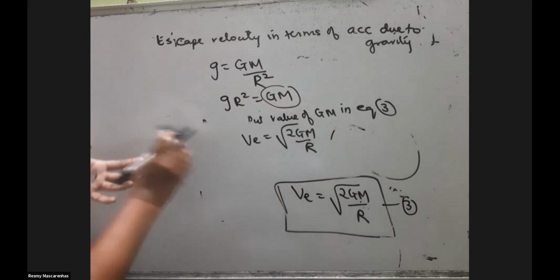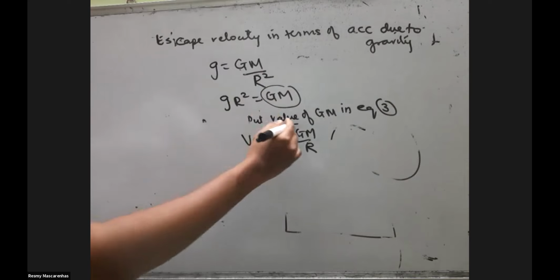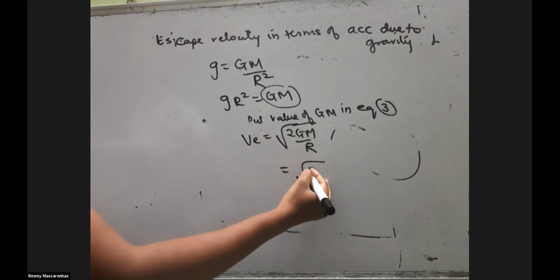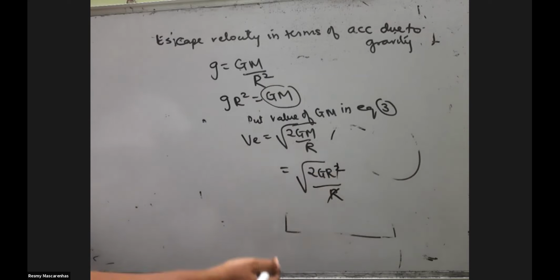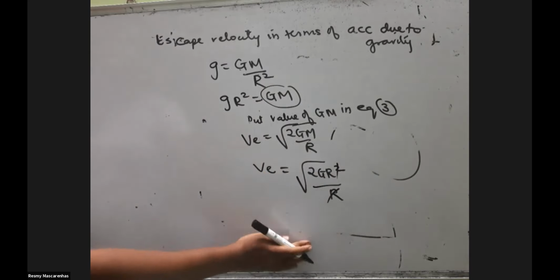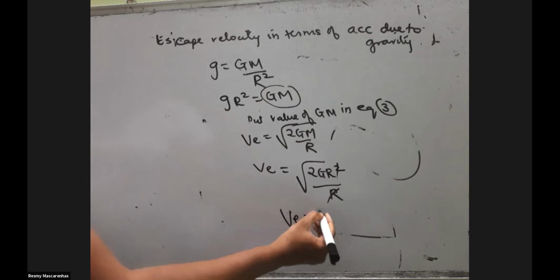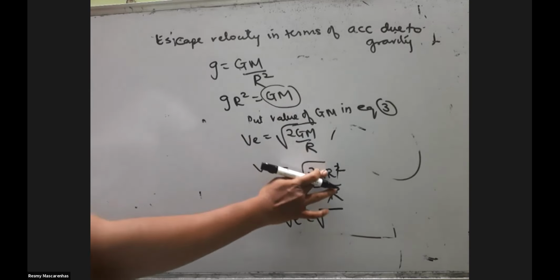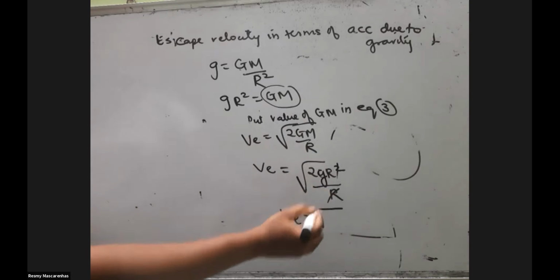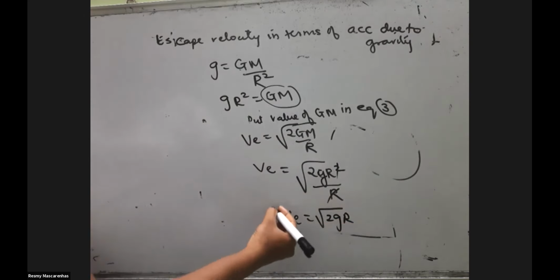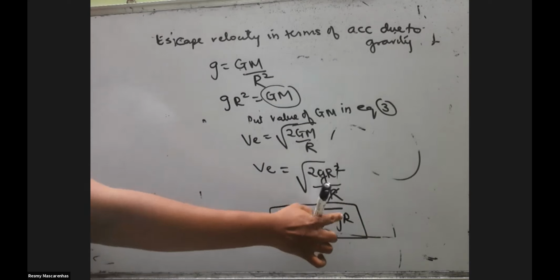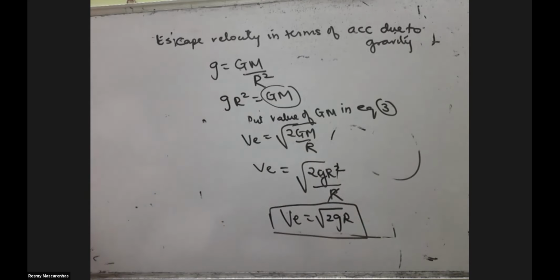Put gR square here instead of GM. R will cancel, so the answer is V escape equals root of 2gR. This is the escape velocity in terms of acceleration due to gravity.